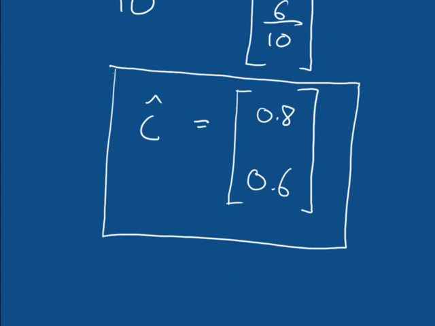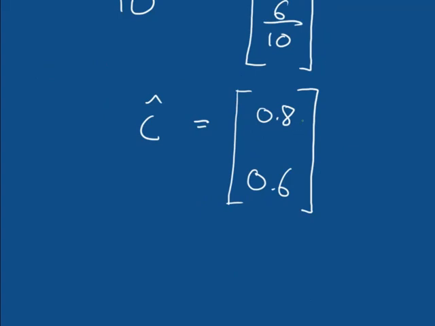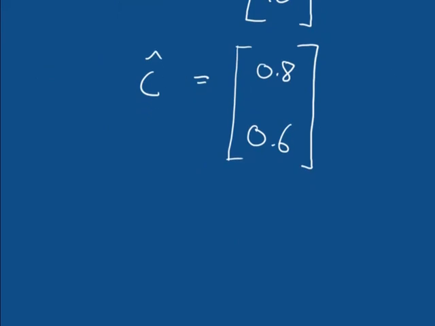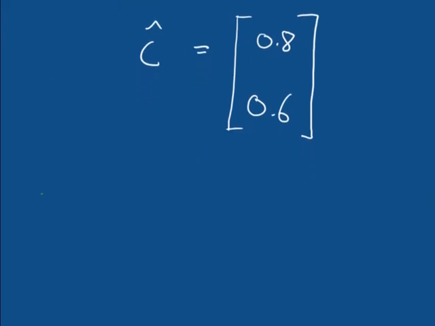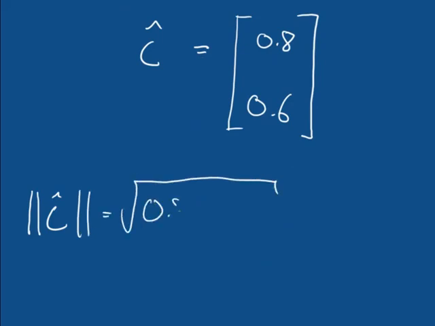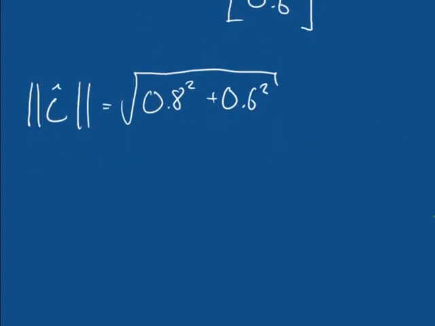But just to prove to you that our method does work, it does give us a unit vector, I'm going to do a little bit extra now. I'm actually going to find the length of our unit vector and prove to you that that length is a value of 1. So the length is equal to the square root of 0.8 squared plus 0.6 squared.